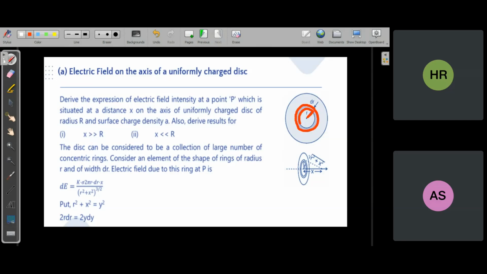Here you can say a ring of radius r and thickness dr. And now because it is a ring, directly you know the formula. Just now we derived. So that will be your dE here, because here the ring is the element. And then you will integrate that dE.